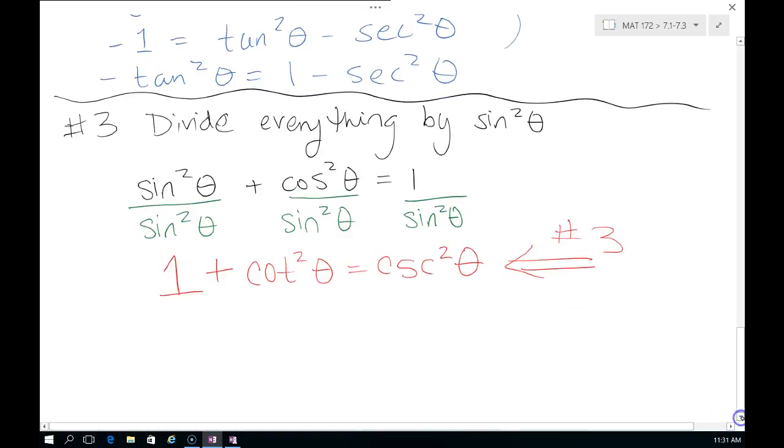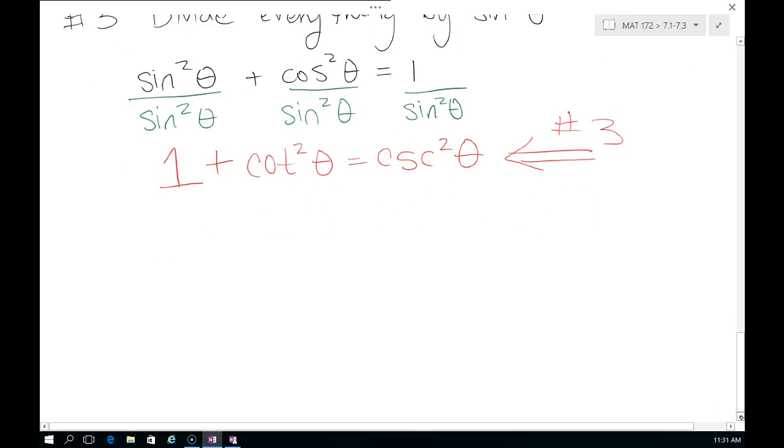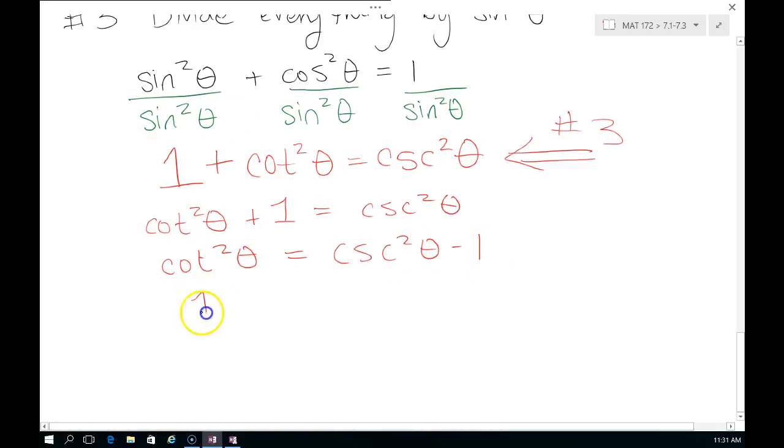And again, even though this is the most basic format we see it in, we can rearrange the terms based on how we need to use this in a problem. We might need to change the order of the addition and still be able to recognize it. We might need to subtract either one of those terms over to the other side. So cotan squared theta equals cosecant squared theta minus 1, or 1 equals cosecant squared theta minus cotan squared theta.